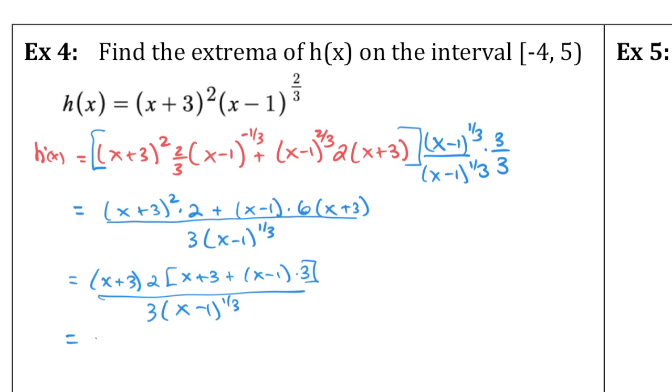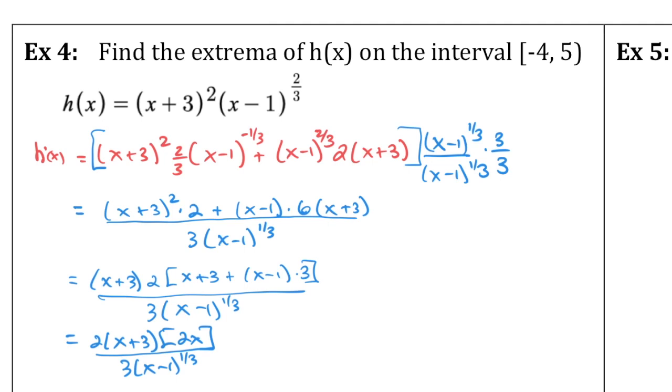Simplify just a little bit more. 2x plus 3 times our quantity. We get a 2x in your numerator times 2 will eventually become a 4x, but 2x for now. All divided by our denominator, which is 3 times x minus 1 to the 1/3.